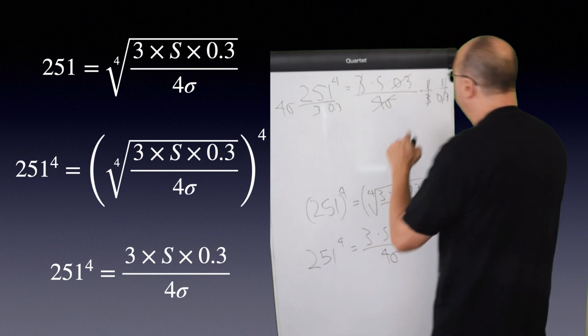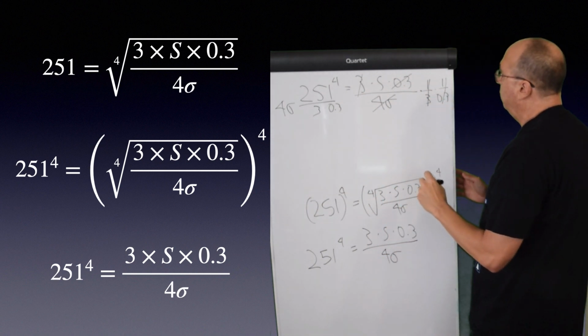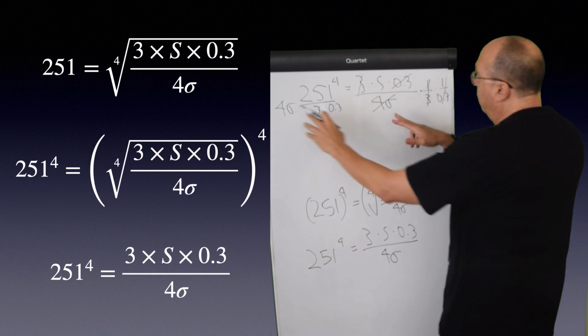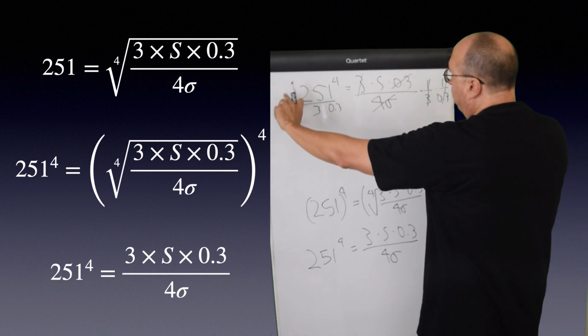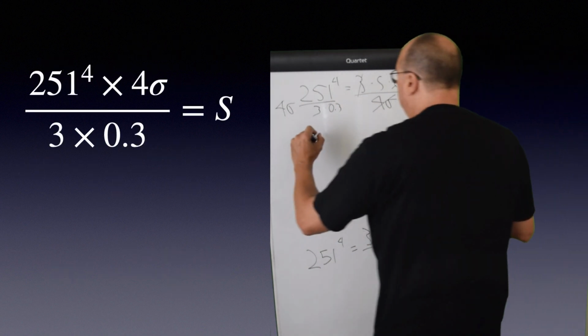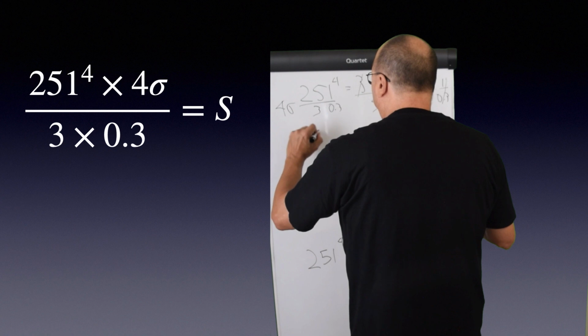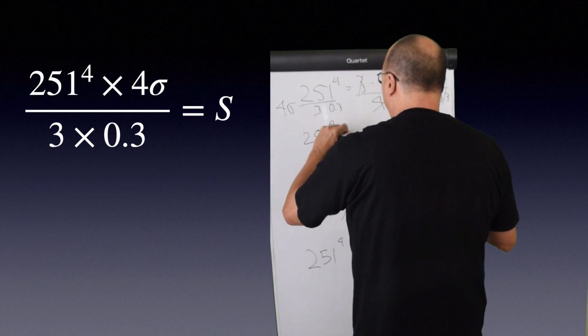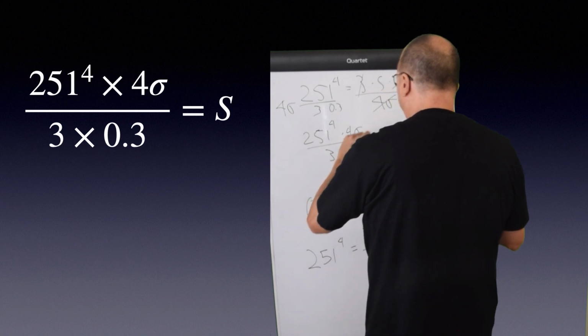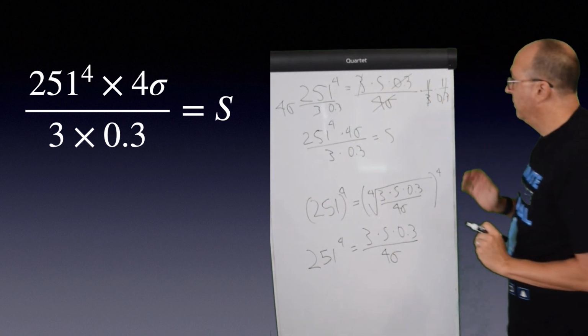And I cancel that. So I just imagine me multiplying by 4 sigma. I don't really have room. Imagine, but effectively that's what I'm doing. I'm multiplying both sides by 4 sigma. So the 4 sigma appears here and it disappears there. So now I can say that 251 to the 4th times 4 sigma over 3 times 0.3 equals S.